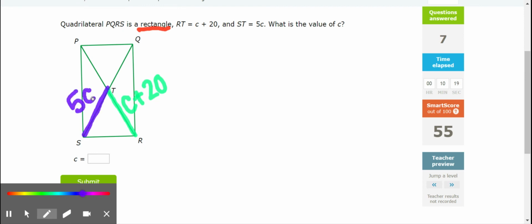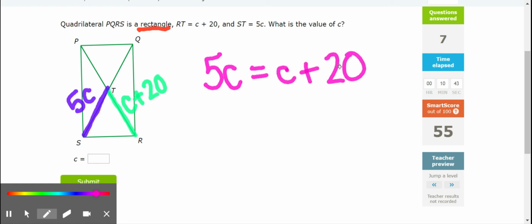We've had a problem like this, so since this is a rectangle, I know that its diagonals are the same, which means these little pieces of the diagonals are the same. So I can just set those two expressions equal to each other because I know that they're supposed to be congruent. So I'm going to have 5c equals c plus 20.